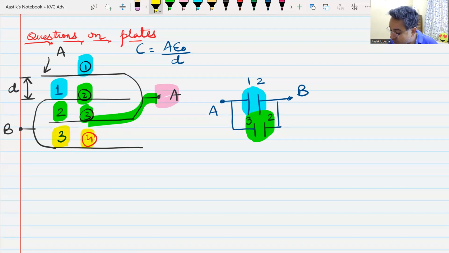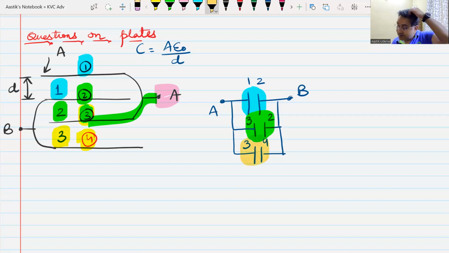Then I come to this yellow one. This yellow one is a capacitor between 3 and 4. Plate number 3 is connected to point A, and plate number 4 is connected to point B. This is your third capacitor.